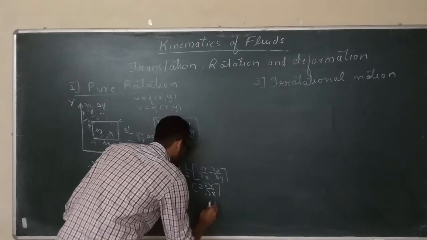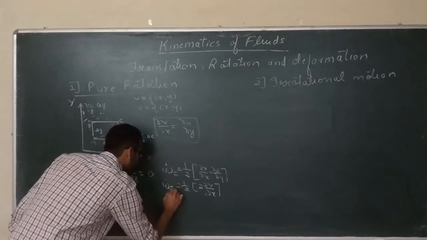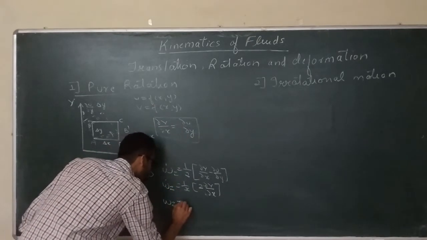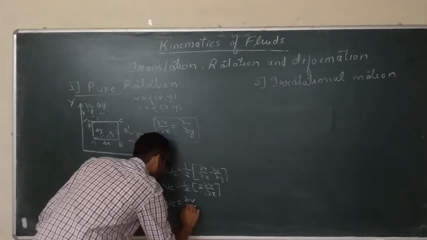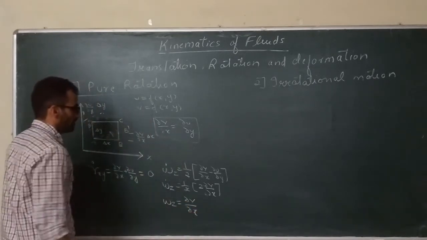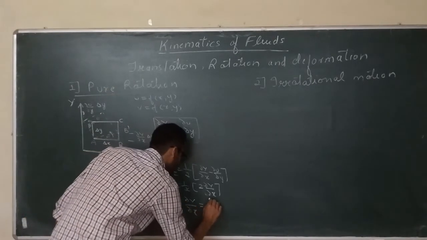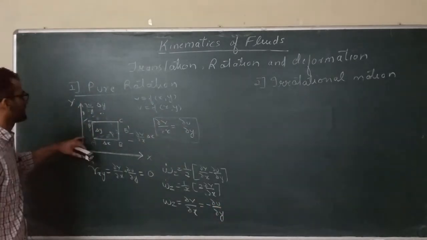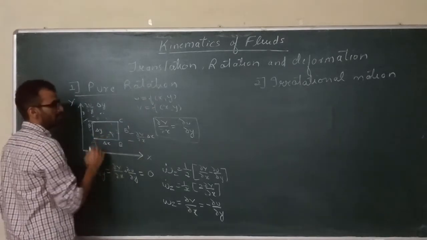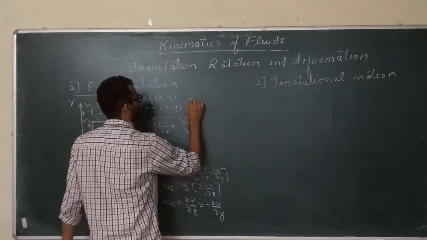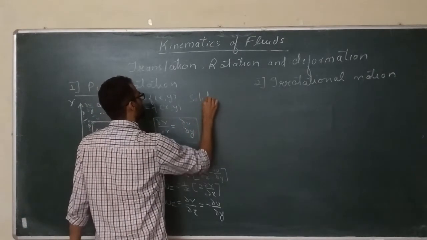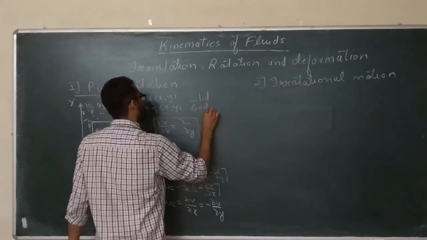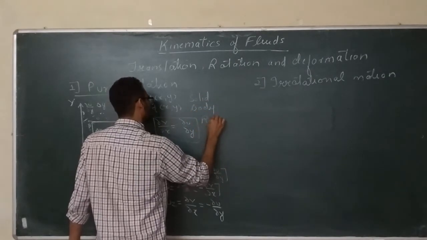So it is nothing but del v by del x, or again minus of del u by del y. So this case is a case of pure rotation. This is a case of solid body rotation. It is also called solid body rotation.